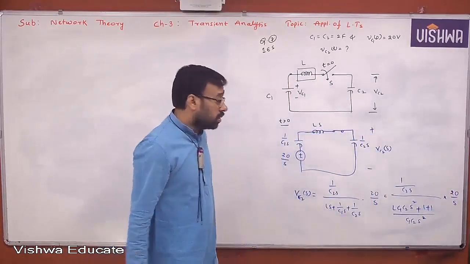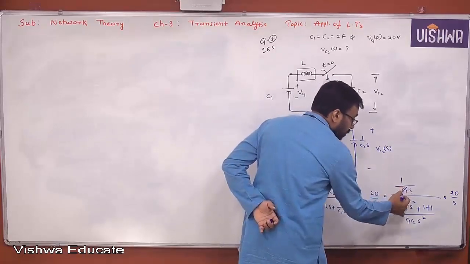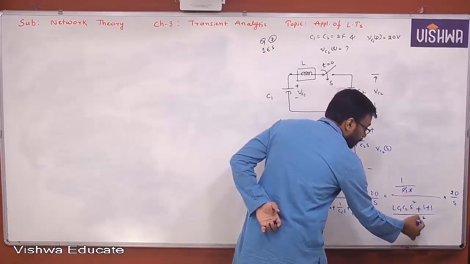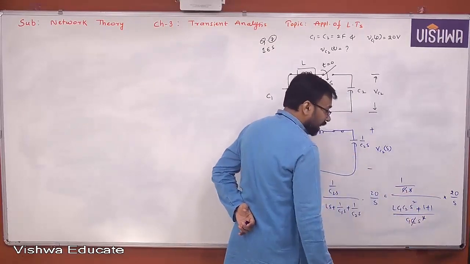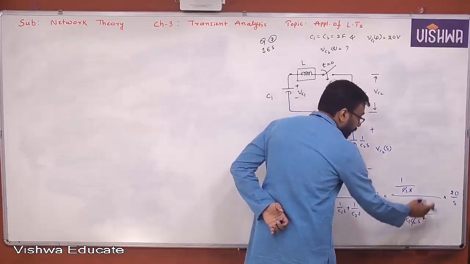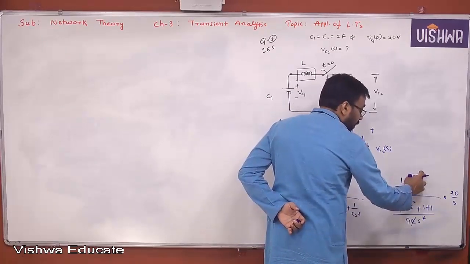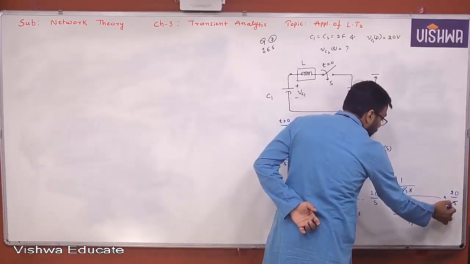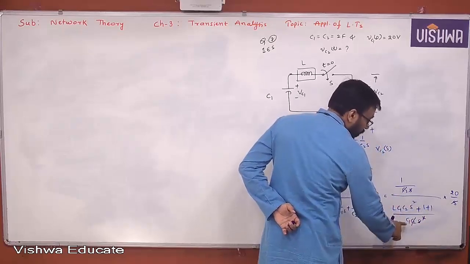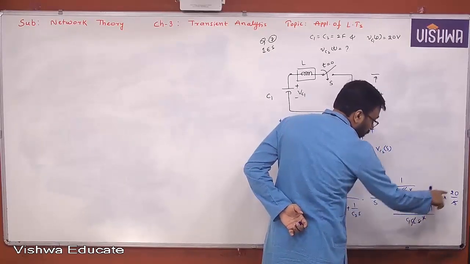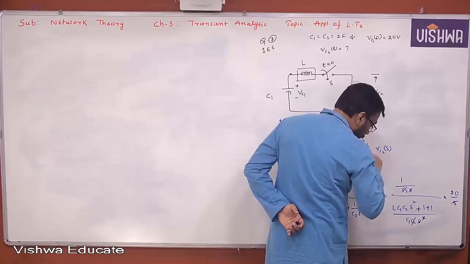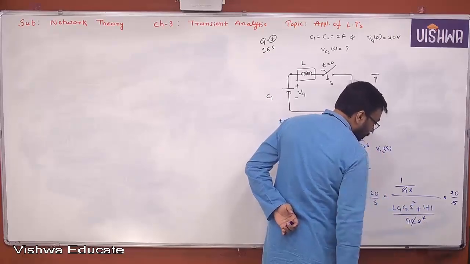Getting all of you? So what do you get here? C2 gets cancelled. S gets cancelled. Finally this S will become numerator, and that S and this S will be cancelled again. Finally you are left with 20C1 in the numerator, divided by L C1 C2 S square plus 2.